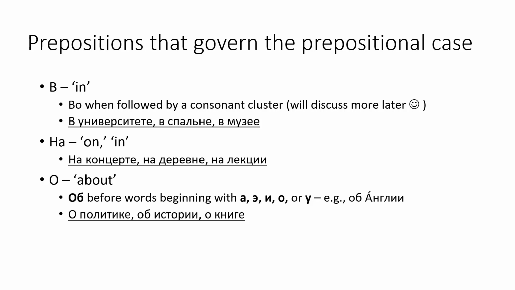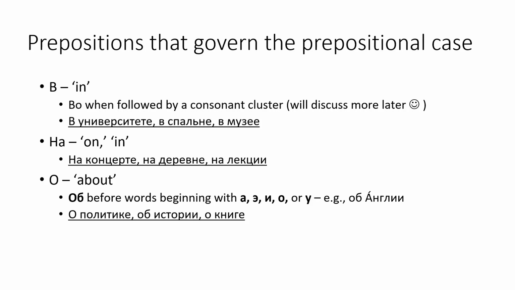As a non-native speaker of Russian, I would say that one of the most difficult parts of the prepositional case is trying to learn the difference between в and на. They can both mean in, which can be very confusing, and there are some rules to differentiate when в and на are used, but a lot of the time you do just have to learn which nouns take на and which take в.